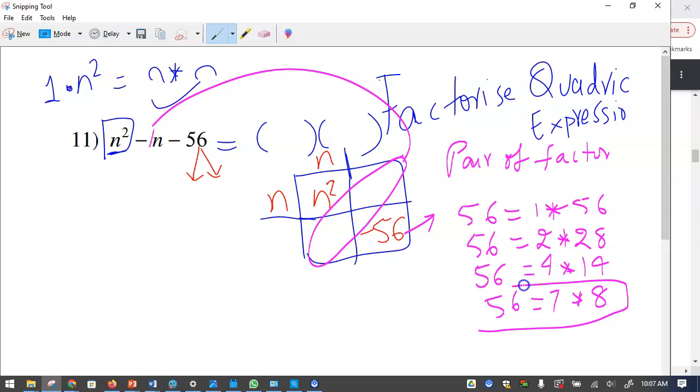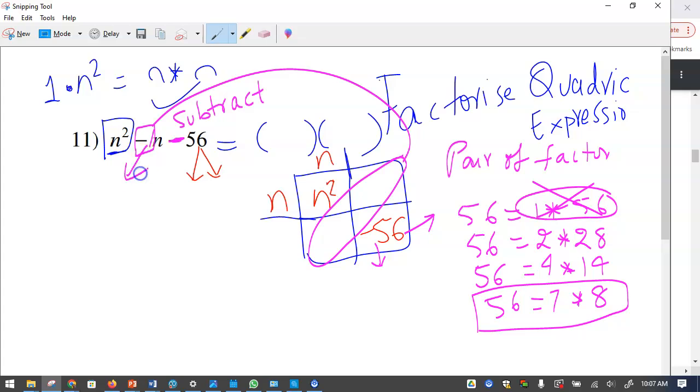So now I'm going to put this as a box. The reason is because there is a minus 56 right here. So one of them has to be plus and one minus. This minus 56 decides that you're going to pick a pair of factors that when you subtract, you end up getting minus 1 here. If you subtract 1 from 56, it will be 55, so it's not.